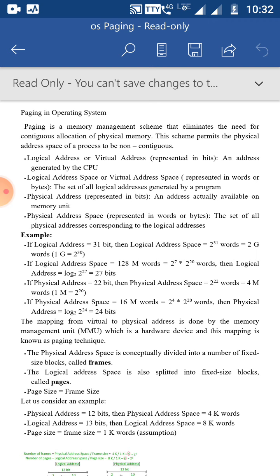Very clear? In the previous two techniques, the entire program is loaded from the hard disk to random access memory, but only a limited portion is used by the CPU. This is a very important concept.